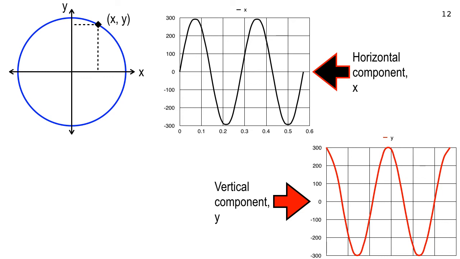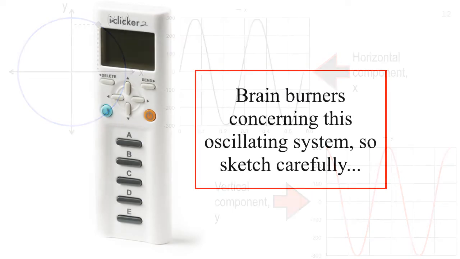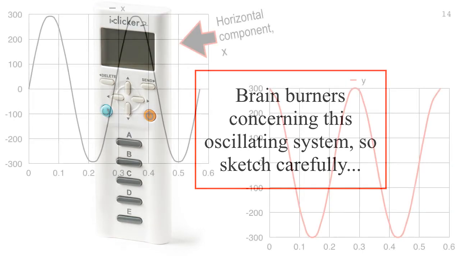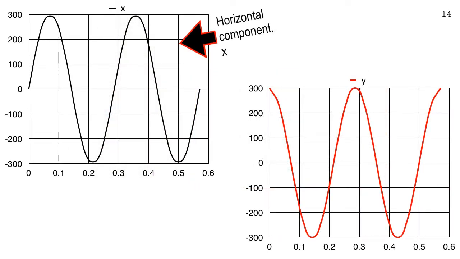All right. Now, I'm going to ask you some brain burner questions, multiple choice, and hopefully this thing will work properly, unlike last time. Remember, this graph tells you the X component as a function of time, and this one down here is the vertical component, the Y component.